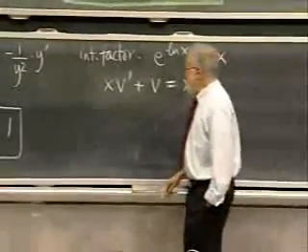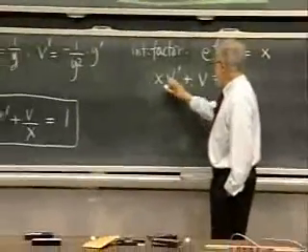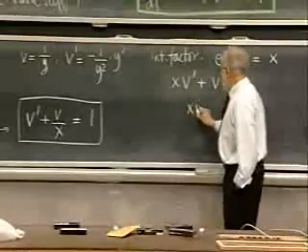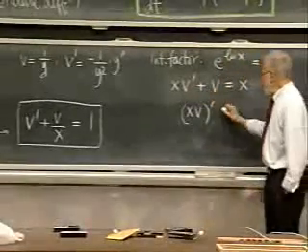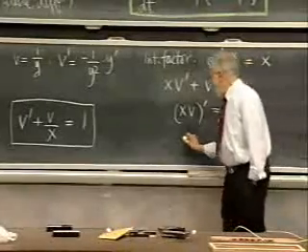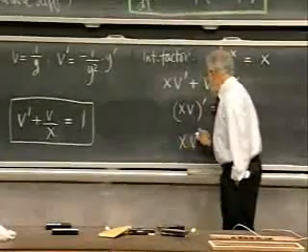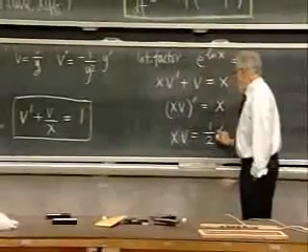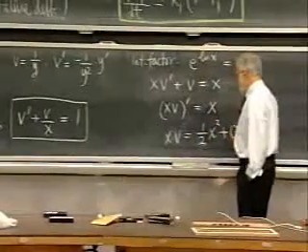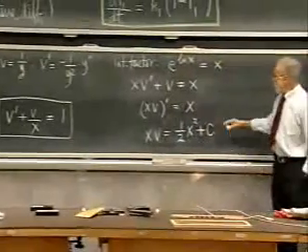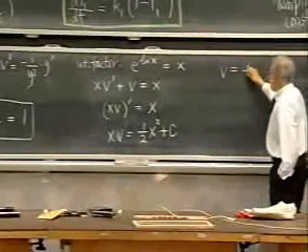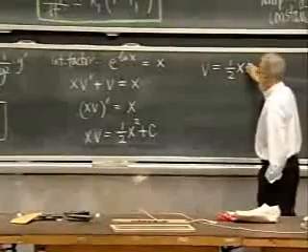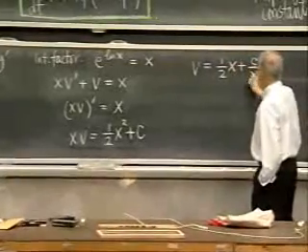After I multiplied through by the integrating factor, this now says this is xv prime, and I quickly check that that in fact is what it's equal to, equals x, and therefore xv is equal to 1/2 x squared plus a constant. And therefore v is equal to 1/2 x plus c over x.